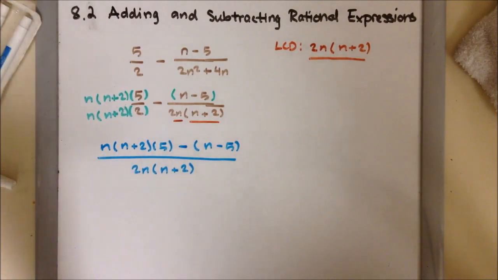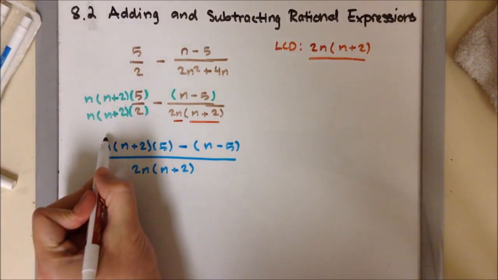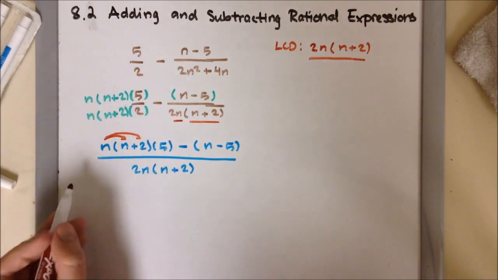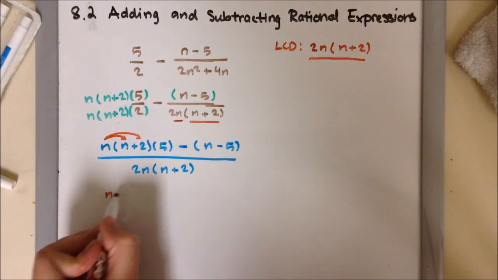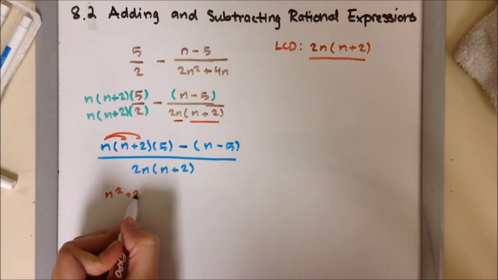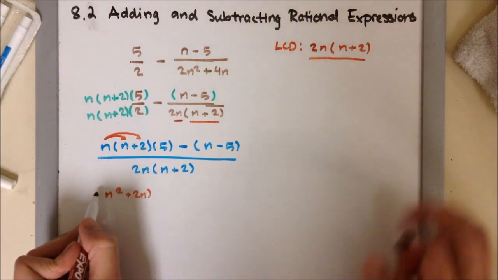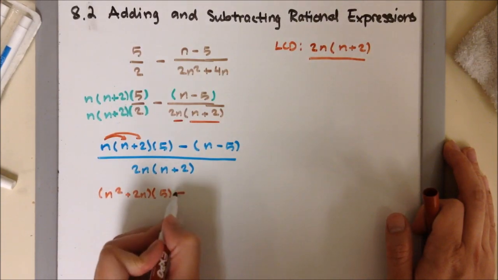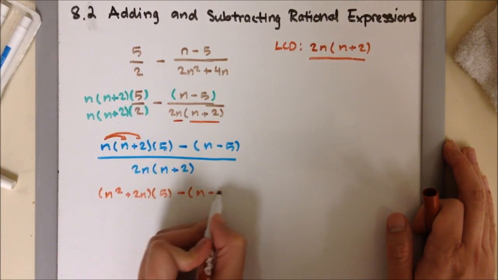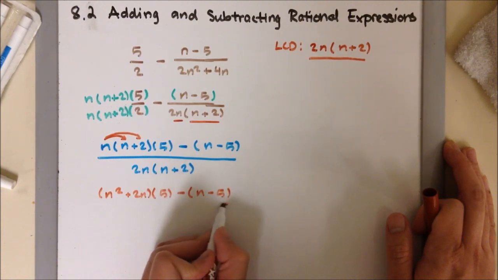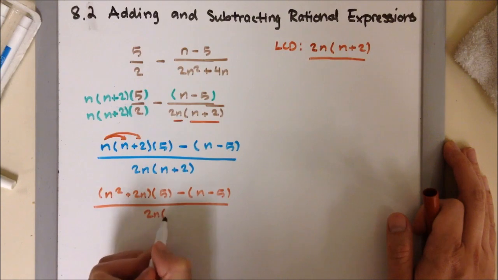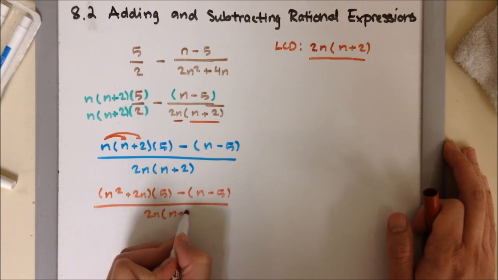So here, I'm going to distribute my n to the n and the n plus 2. So I'm going to have n squared plus 2n in parentheses, with the 5, minus parenthesis n minus 5 close parenthesis, over my LCD 2n times n plus 2.